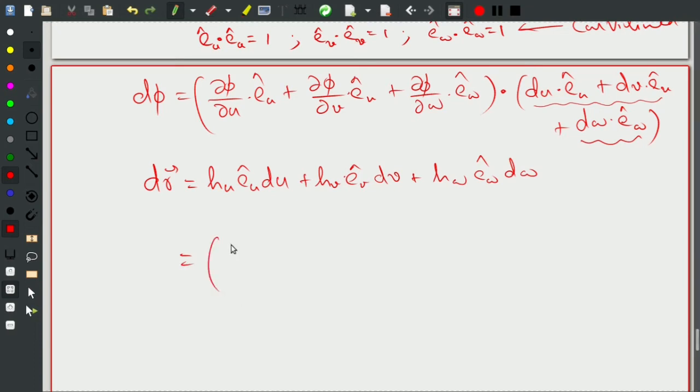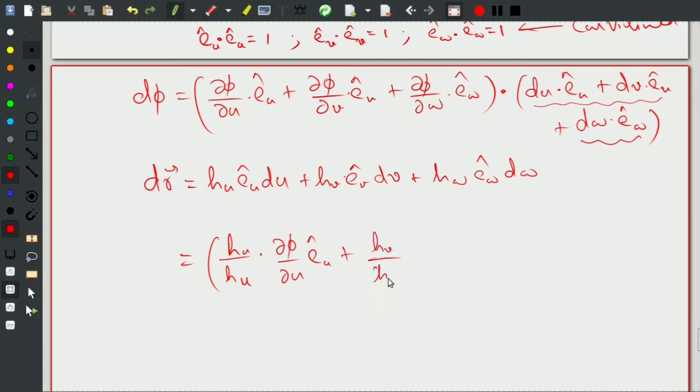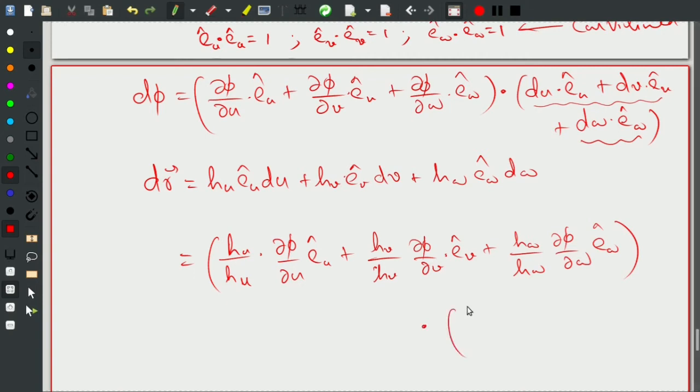So it's 1/h_u times h_u, which is 1, ∂φ/∂u e_u cap, plus h_v/h_v, ∂φ/∂v e_v cap, plus h_w/h_w, ∂φ/∂w e_w cap, dotted with du e_u cap plus dv e_v cap plus dw e_w cap.